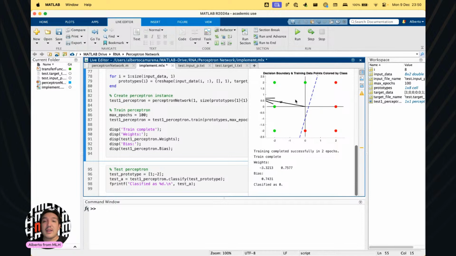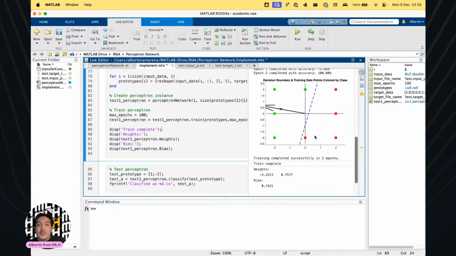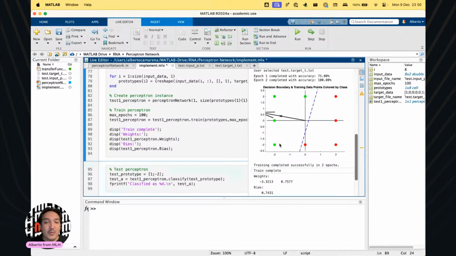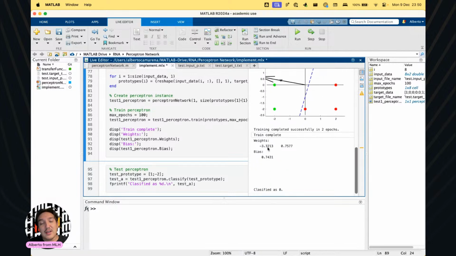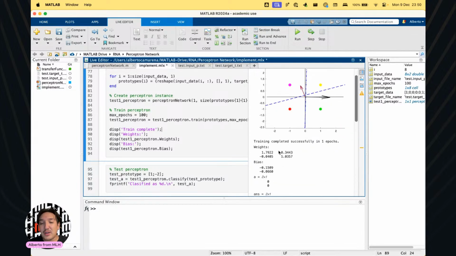We see that all to the left of the line is well classified as one, and all to the right is classified as zero. So we checked the weights and the bias here, but we forgot to check them here.